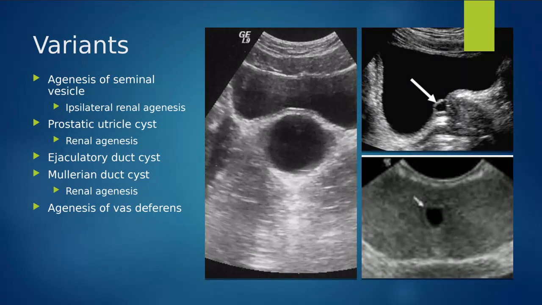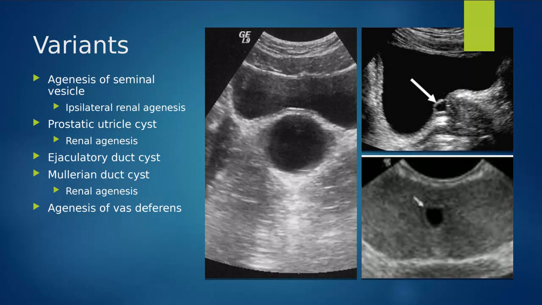side. We also can have what is called a prostatic utricle cyst. This is going to result in renal agenesis as well. This is not something that's going to be side specific. So it's not like you're always missing the left kidney or you're always missing the right kidney. You have this cyst within the prostate that is going to result in one or both of the kidneys being missing.